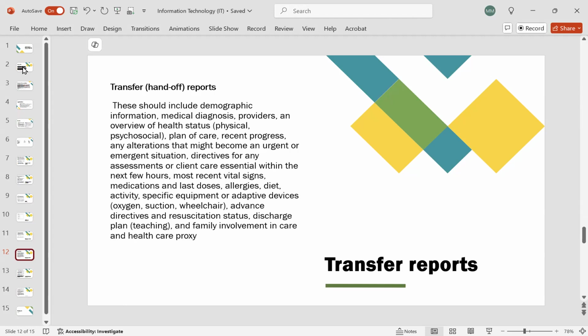And then you want to make sure that you've got any recent orders in there, any specific equipment they need. How do they ambulate? Are they chair bound, bed bound? This needs to be a comprehensive report. Do they have advanced directives or a DNR? Is family involved? And if they are, who are they? So this is a more comprehensive report because you want to make sure that the next facility is getting all the story, right?